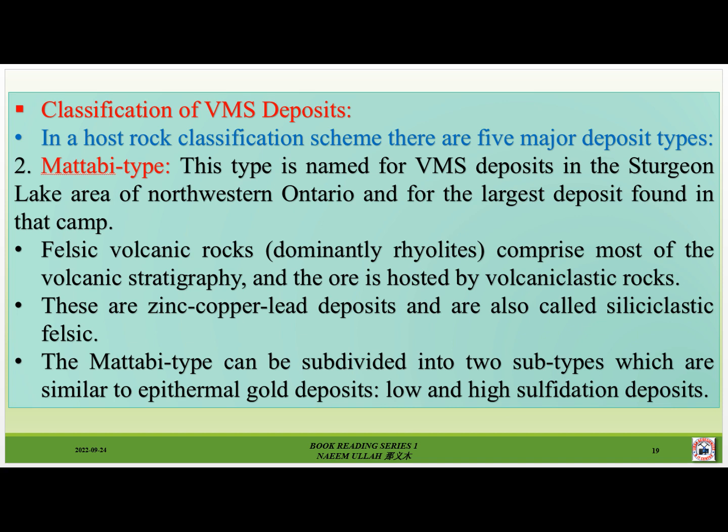These are zinc-copper-lead deposits and are also called siliciclastic felsic. The Matagami type can be subdivided into two subtypes which are similar to epithermal gold deposits, low and high sulfidation deposits.